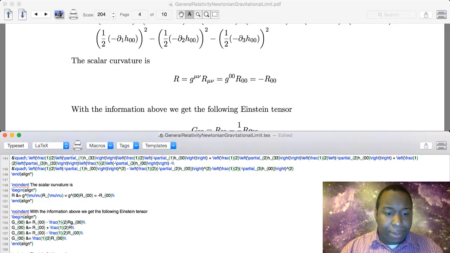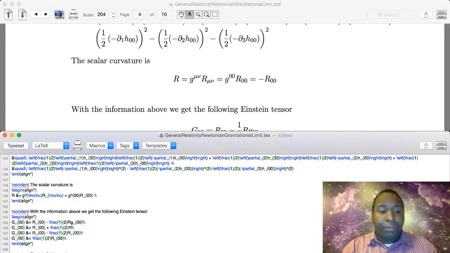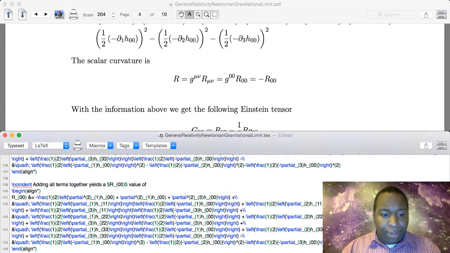However, the latter two parts are wrong, or slightly off by a few terms. The G superscript 0, 0 times R subscript 0, 0 is good, but I have to add on 3 more terms to this. So I'm going to make the modification here. I'll increase the font so you can see what I'm typing.